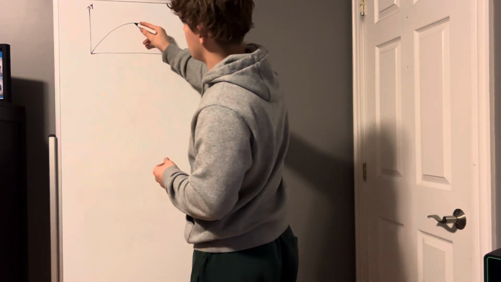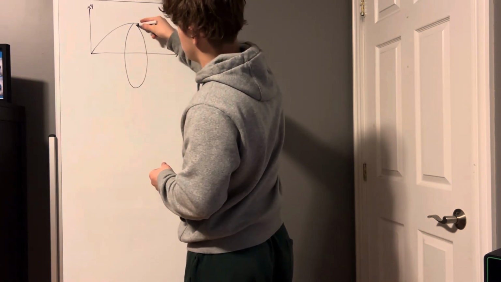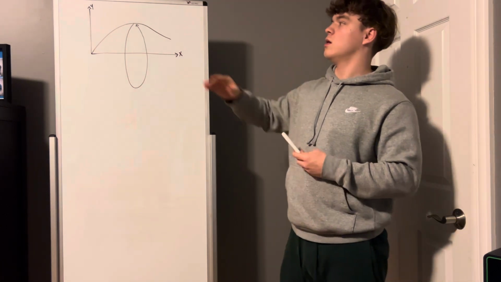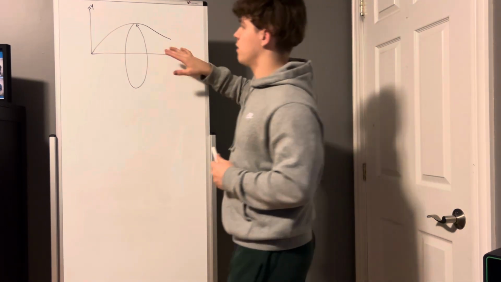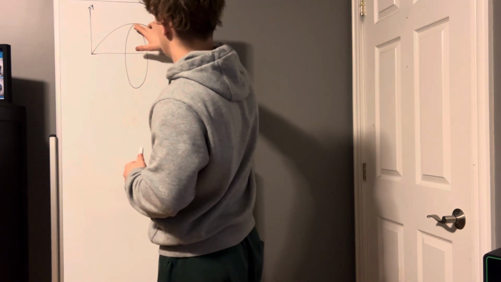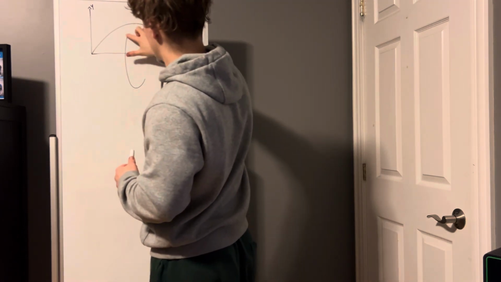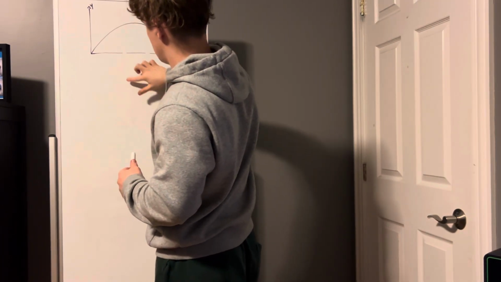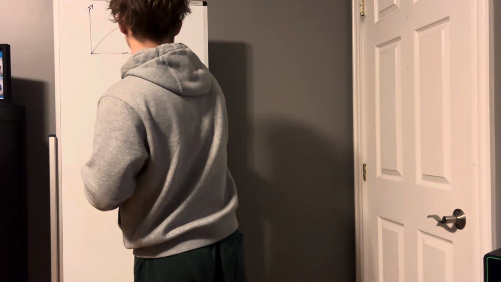So if I was to take this function and wrap it around the axis like that, and I wanted to know the surface area of this, how would I find that? Well, let's use the same intuition that we used in the past two videos.